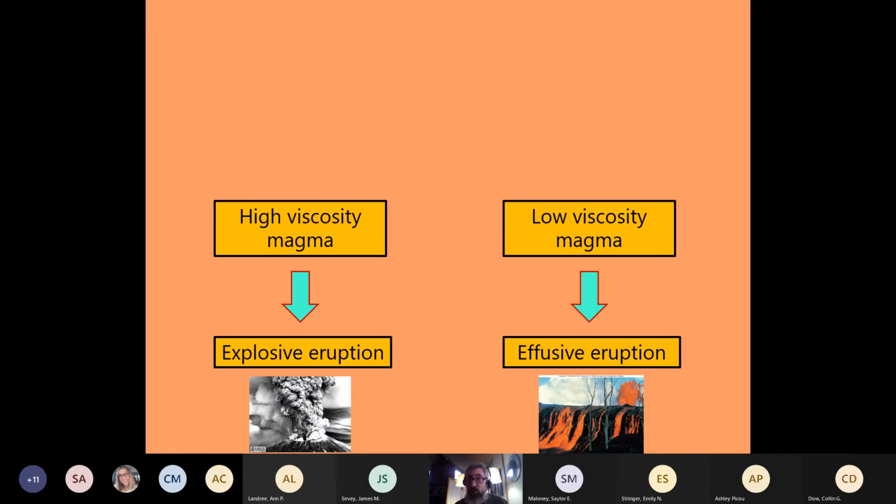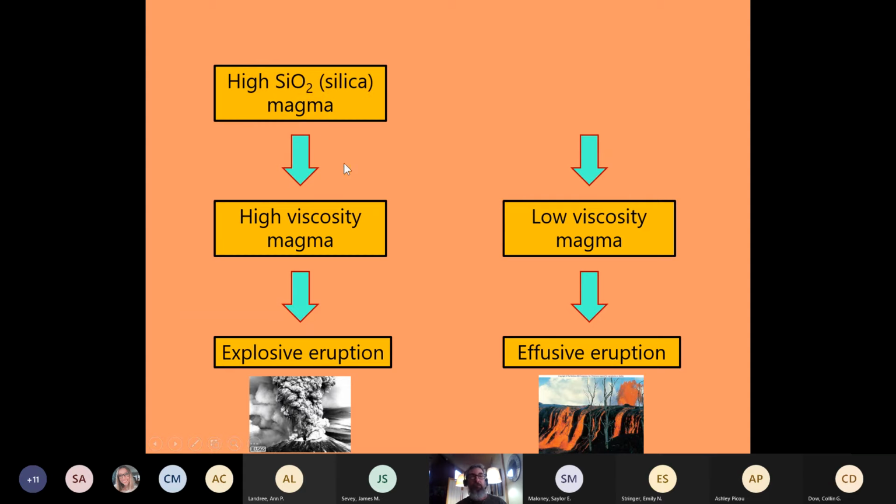The temperature of the lava affects viscosity, but none of those affect it so much as the silica content. The silica content of the magma has a great deal of effect on viscosity. And it's a straightforward relationship because magmas with high silica content are thick.